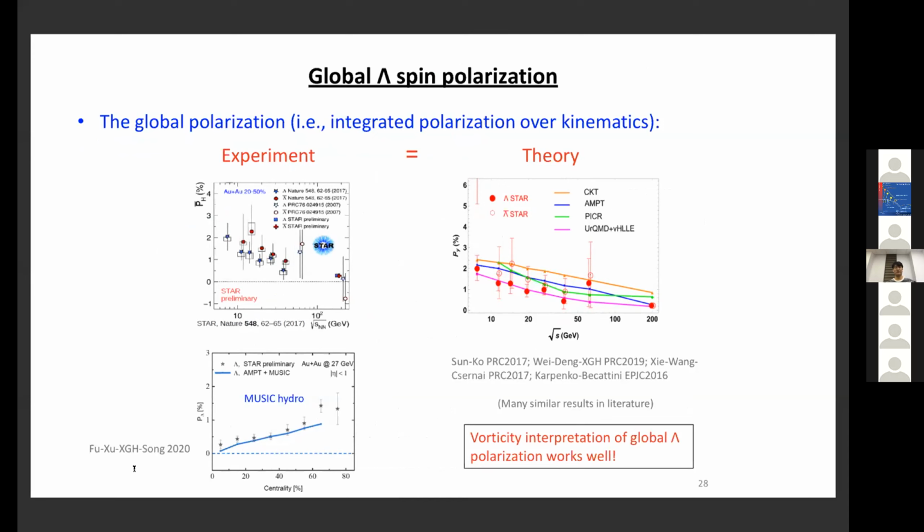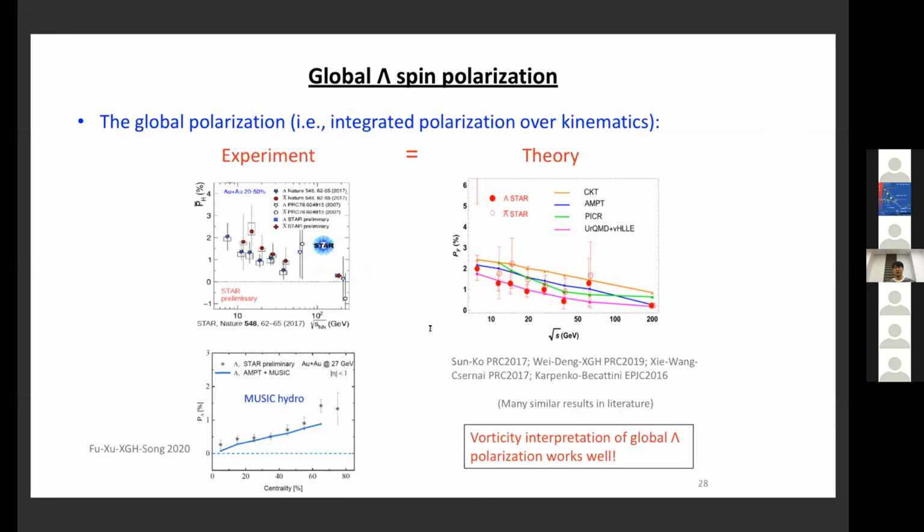This calculation was done by Chi, Kai, our organizer Hui Chao, and myself. So in this sense, here I show you many different calculations from different groups, but the message is that the vorticity interpretation of the global lambda polarization works quite well.